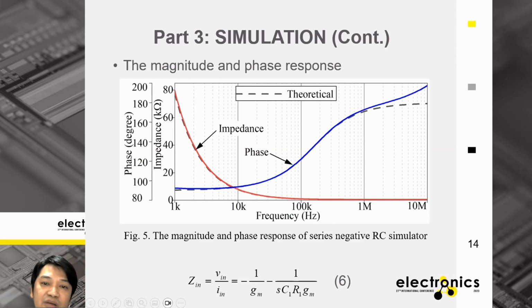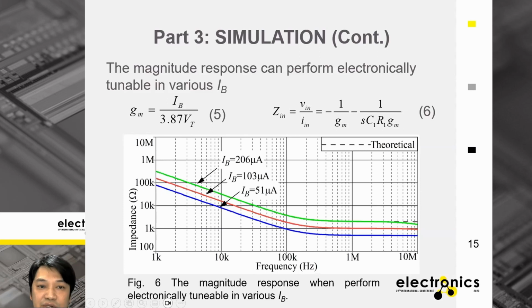The simulation result behaves like equation number 6 as shown in the picture, but when we look closely at the graph from nearly 1 megahertz until 10 megahertz, the simulated phase is slightly different from the theoretical value because of the effect of the parasitic resistance and parasitic capacitance of the active components, as we showed later.